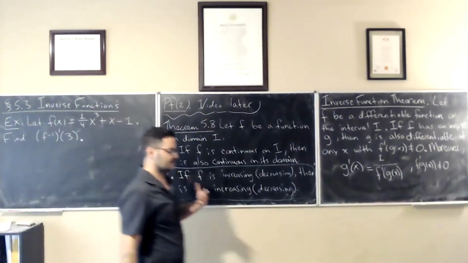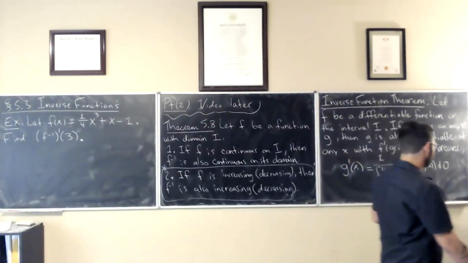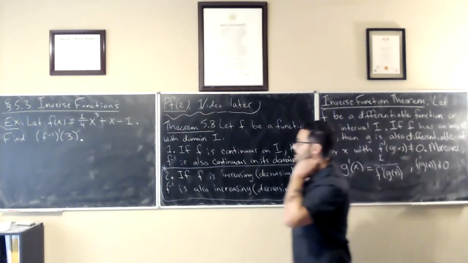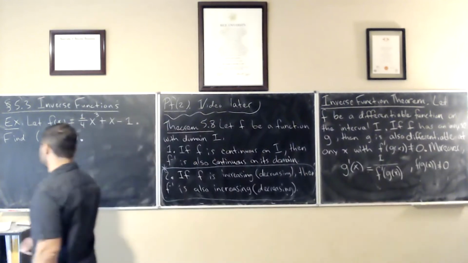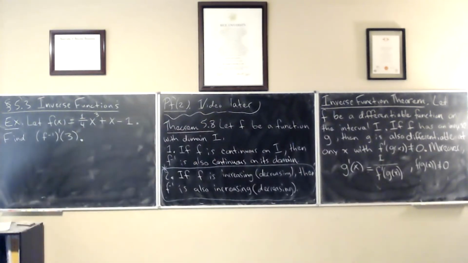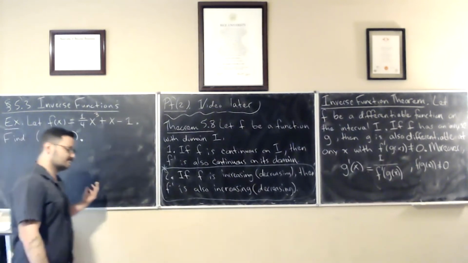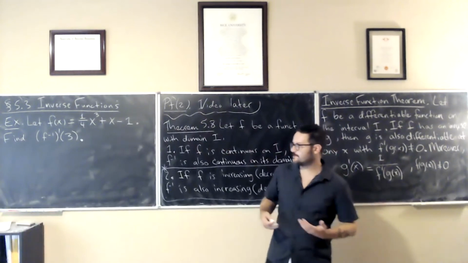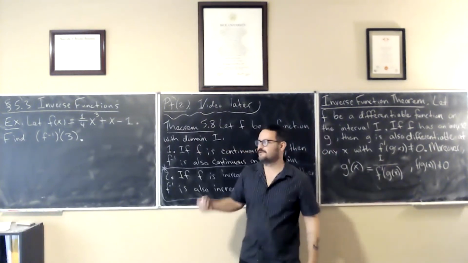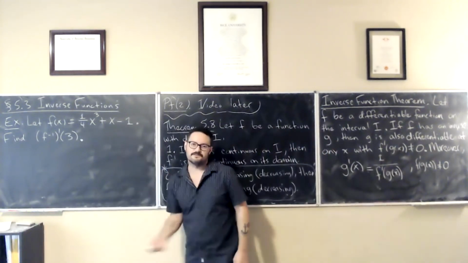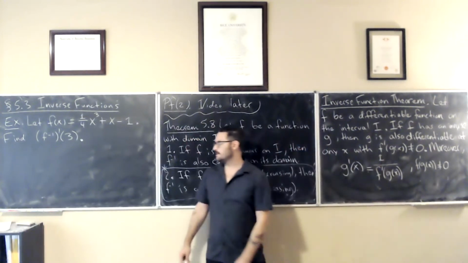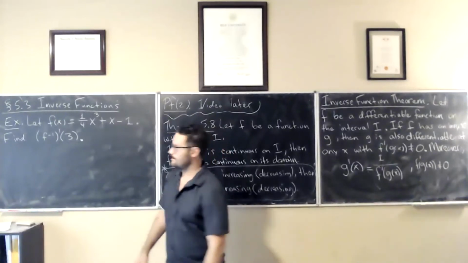So we have a function and we're asked to find the derivative of the inverse. Now this function happens to be 1-to-1, so it has an inverse, and theoretically we could go through the steps to find the actual inverse, then take its derivative, then plug in 3 and get the answer. Or we can use the inverse function theorem to evaluate it immediately.